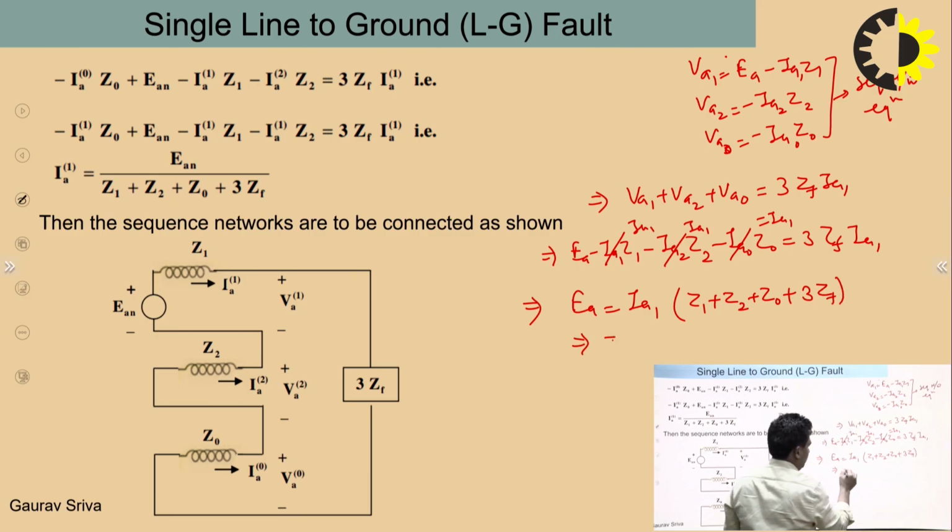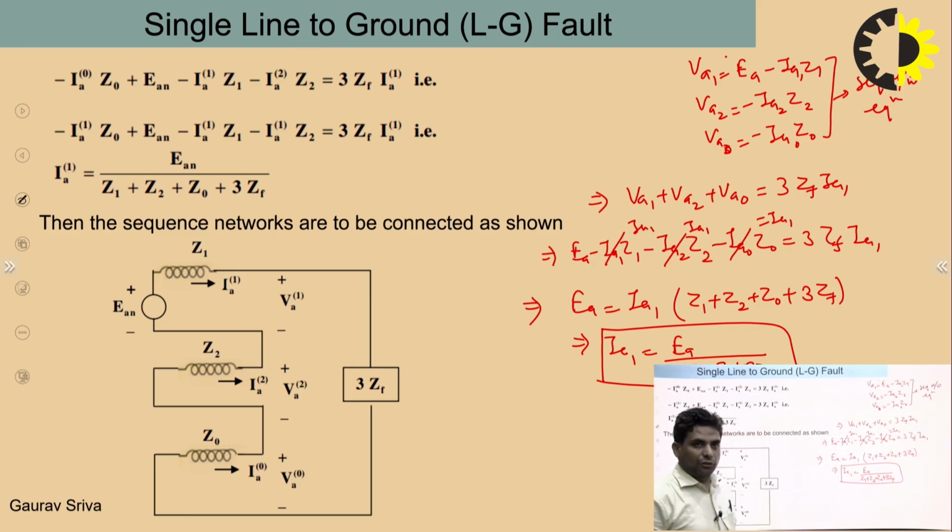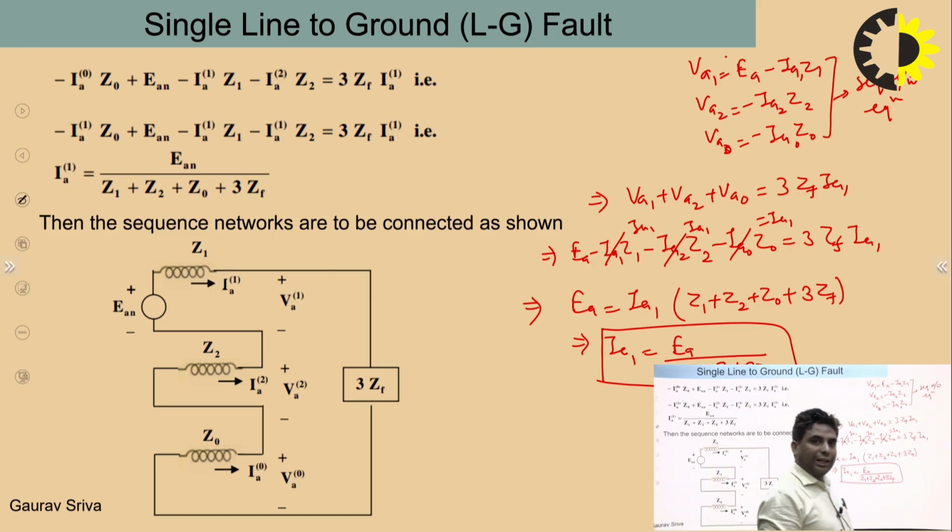So IA1 is equal to EA by Z1 plus Z2 plus Z0 plus 3 ZF. If the fault impedances are connected, then the equation becomes, to calculate the fault current, IA1 is equal to EA by Z1 plus Z2 plus Z0 plus 3 ZF.